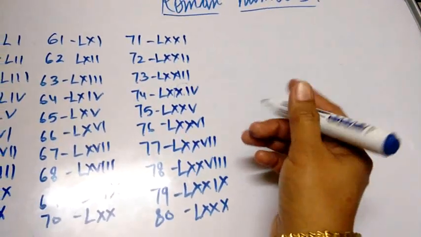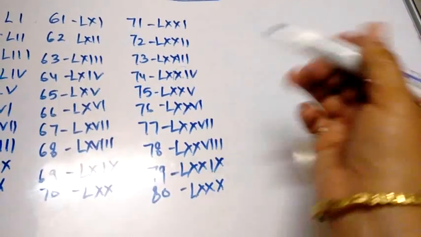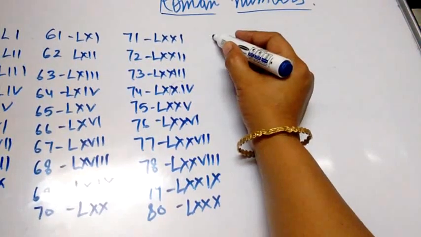Now we can repeat X only 3 times. So for 90 we will write it differently.